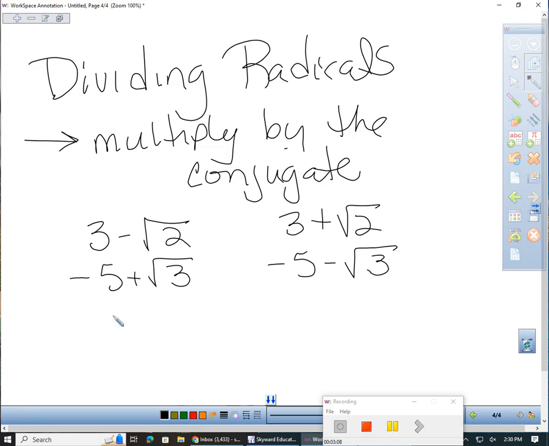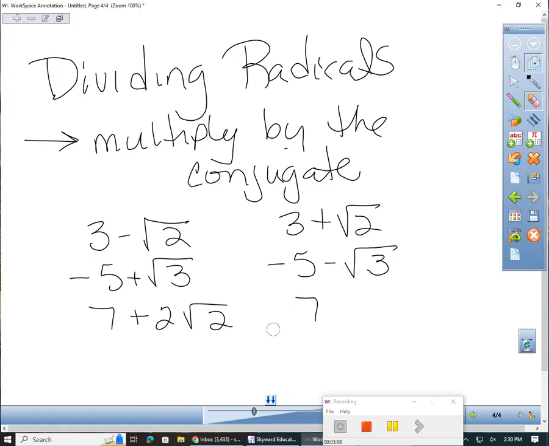If I have, how about 7 plus 2 square root 2, the conjugate is, sorry, 7 minus the 2 square root of 2. Okay? So the conjugate just changes the middle sign and that's it.